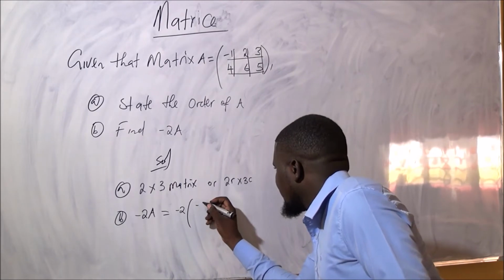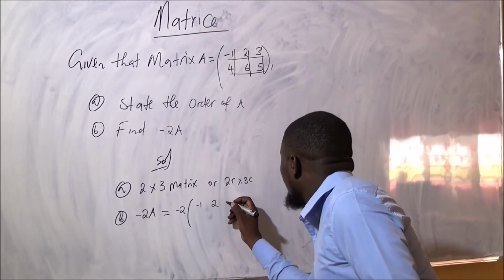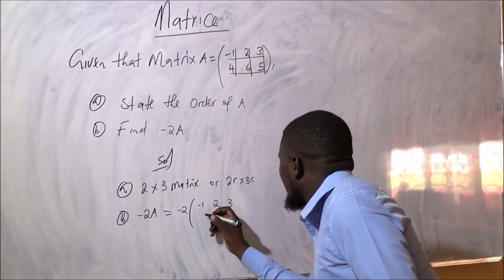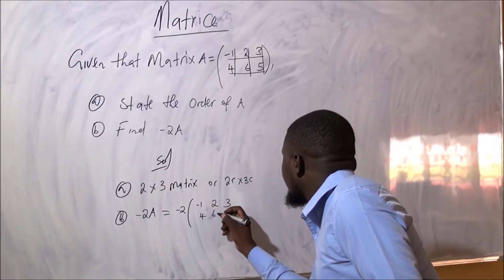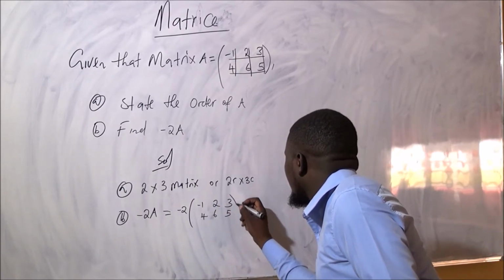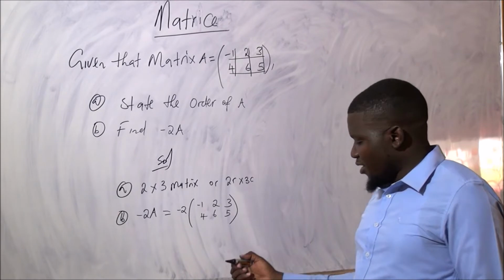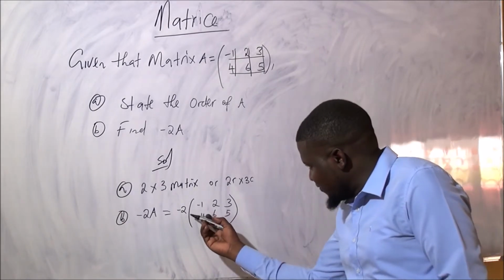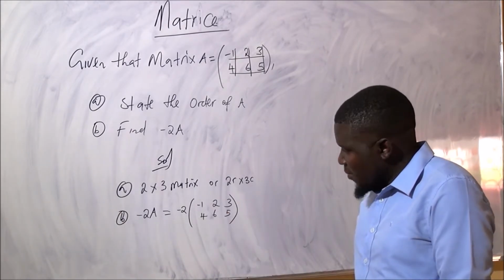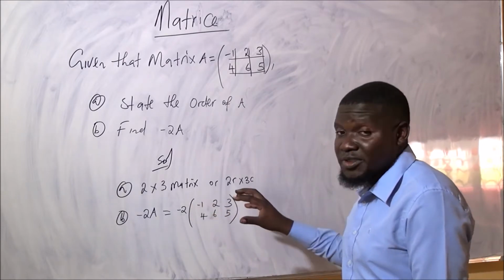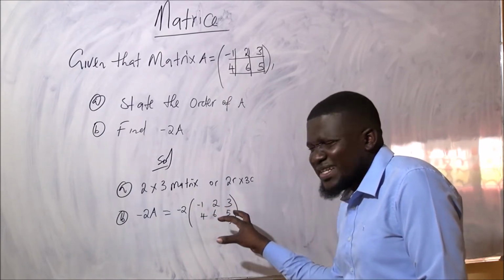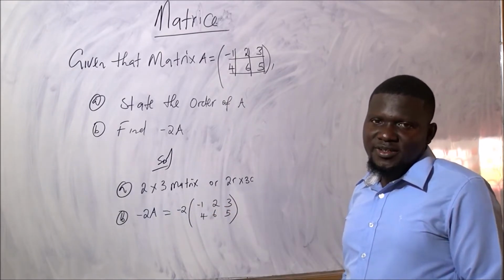We have negative 1, 2, and 3, and we have 4, 6, and 5. This number, negative 2, is a scalar.